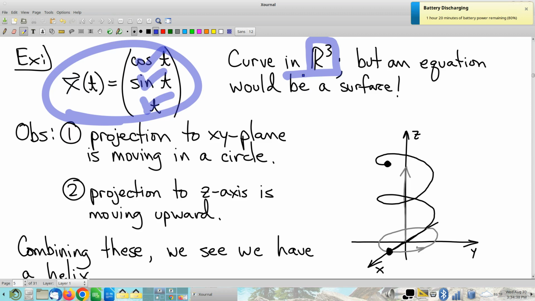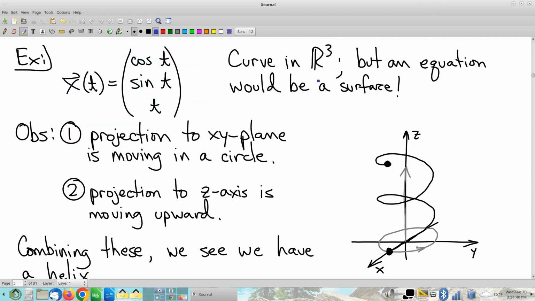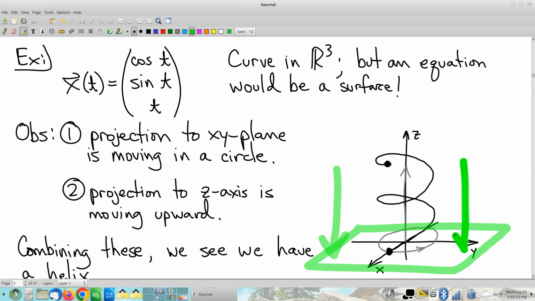In this case, what I think is the best method is to look at what I'm going to call projections. So in particular, let's project vertically downward into the XY plane. Ignore z, throw away the z coordinate. Look only at the x and the y. Well, here they are. There's x and y.